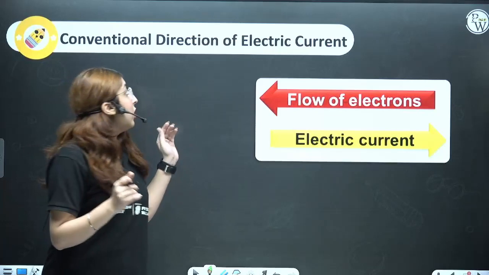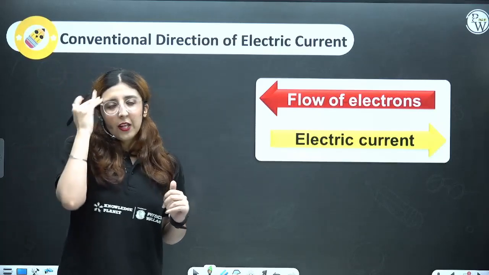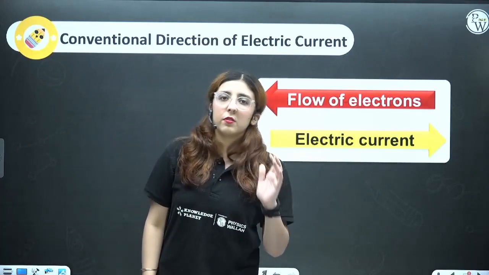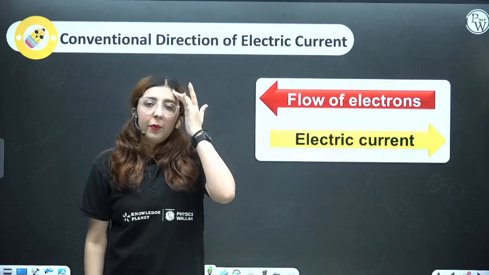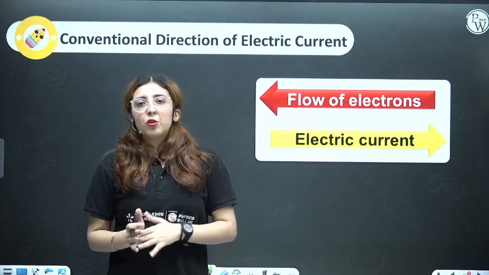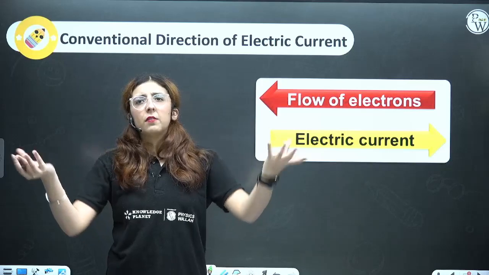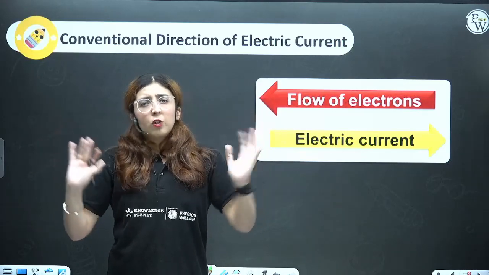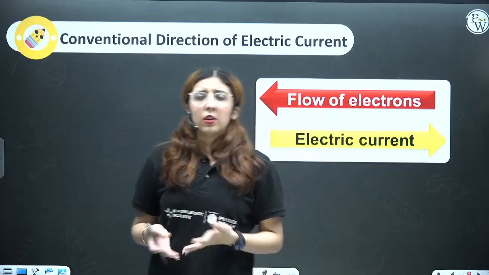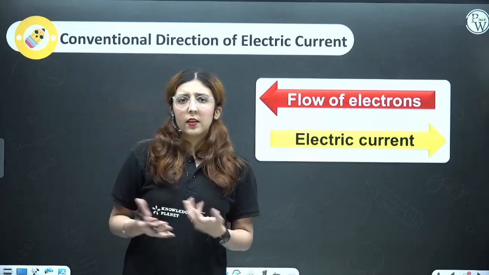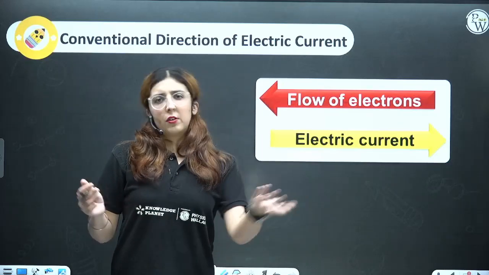Now as you are through with electric current, this is very important: the conventional direction of electric current. All of you know what happened when this electric current concept was there. People at that moment were pretty much into the idea that in this world only positive is there. They were not aware that the electrons are actually flowing. They said that electricity is going to move from the positive to the negative only.